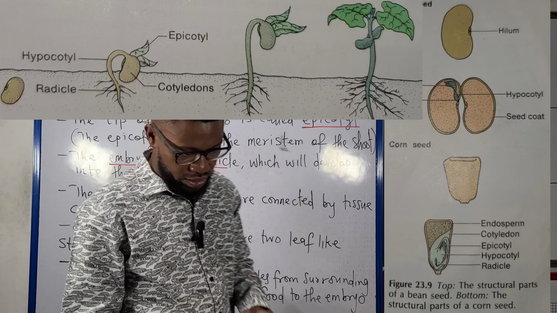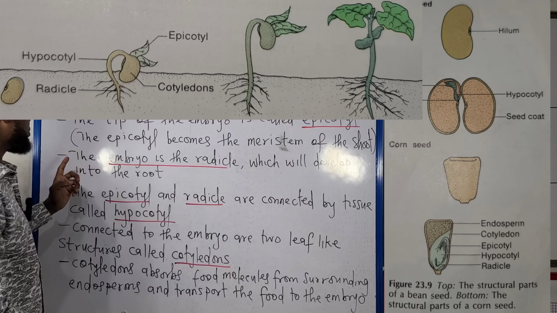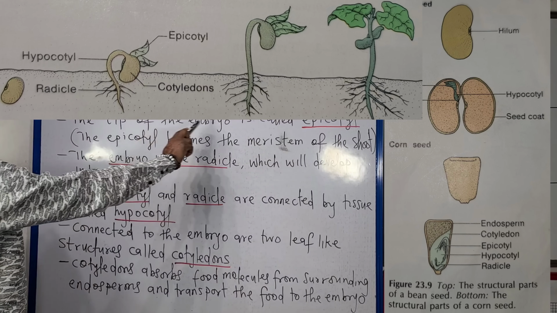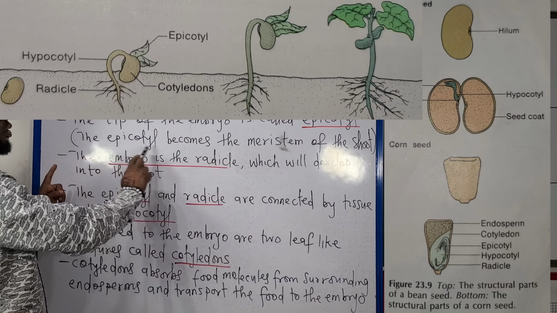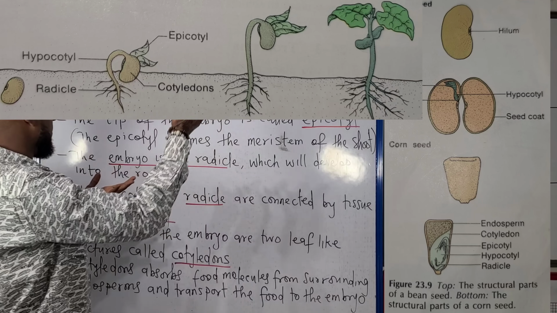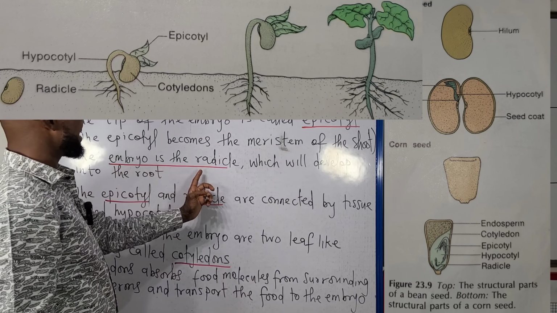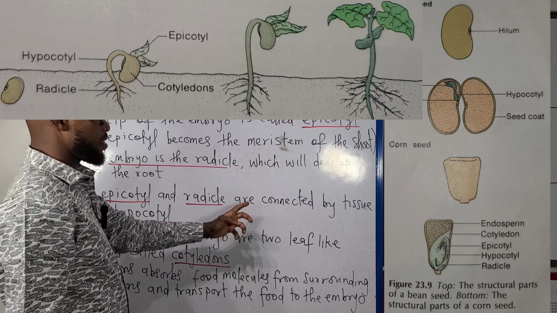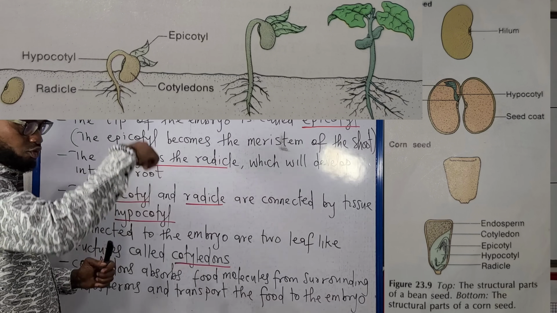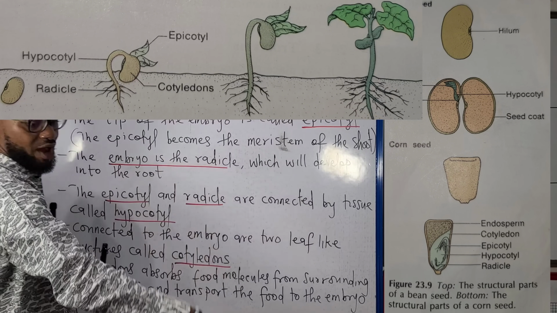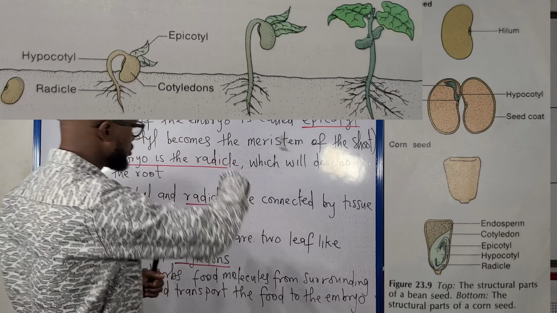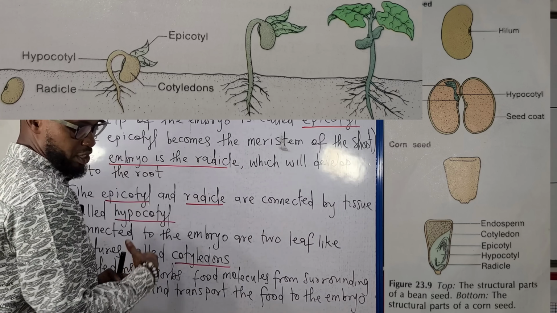That's exactly what I captured there. I said the tip of the embryo is called epicotyl. The epicotyl becomes the meristem of the shoot. Now, the embryo also has the radicle, which will develop into the root. So you expect the radicle, as you can see in that diagram, to go downward and develop into the roots.